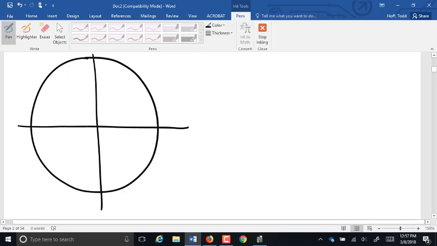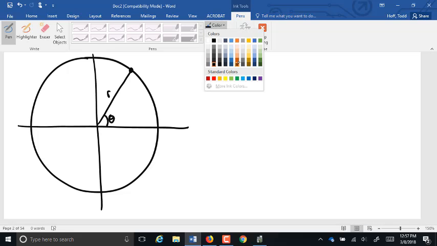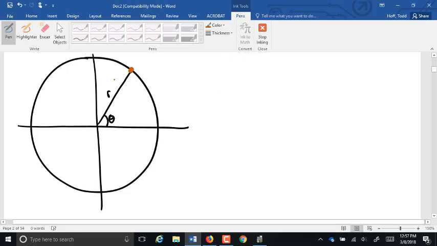One of the viewpoints of the unit circle is we have whatever angle we're looking at here, theta. That radius, of course, is r, which equals 1, and it traces out that point on the arc of the circle. This length here is the sine of that angle.